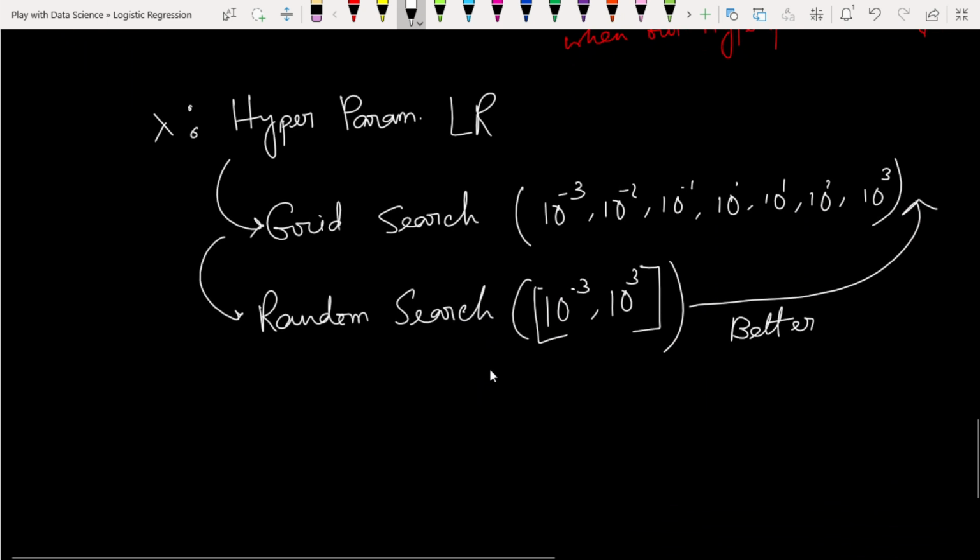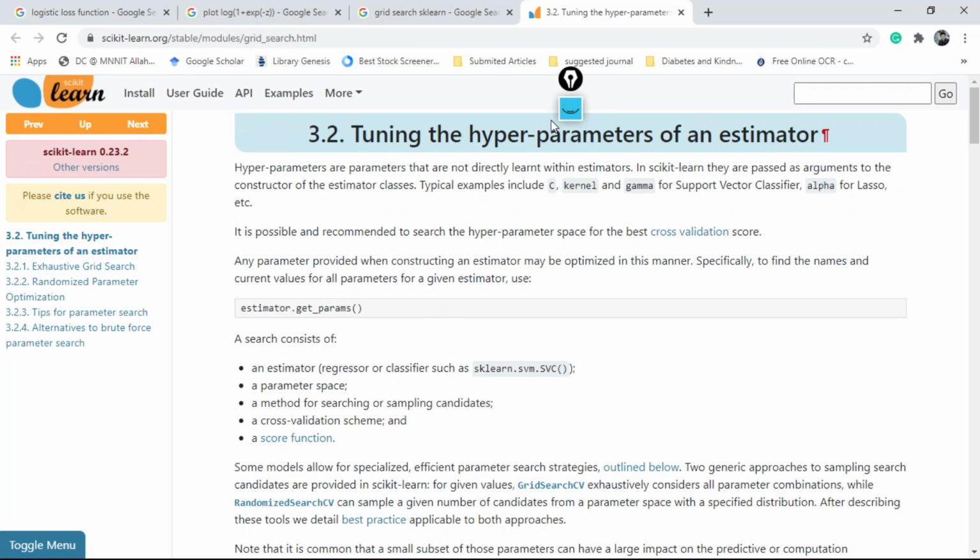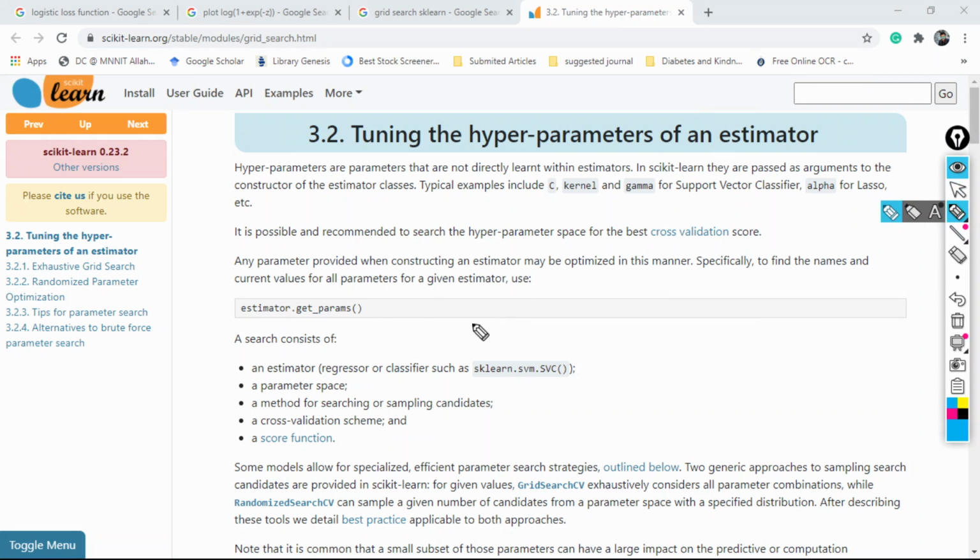Now let's go to the sklearn library. These two types of hyperparameter tuning are already available there. If you search Google for grid search on sklearn, you will find this link. Here you can see there are already inbuilt functions, such as estimator get params.